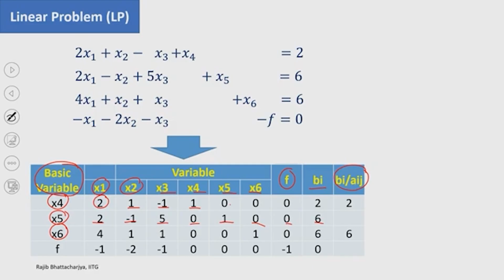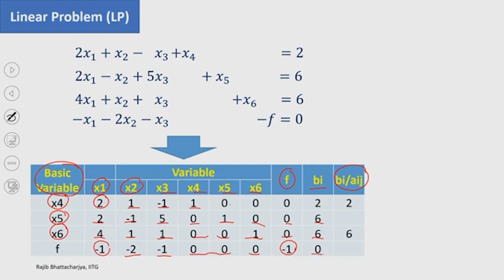The third equation is 4, then 1, 0 0 1, 0 and 6. In the objective function, the coefficient of x 1 is minus 1, this is minus 2, minus 1, 0 0 0, and this is f, which is minus 1, and this is 0.